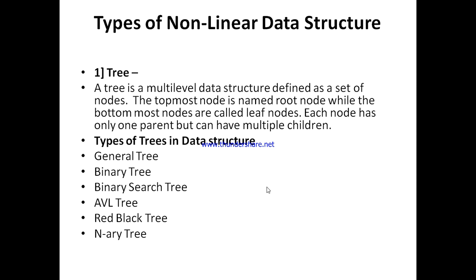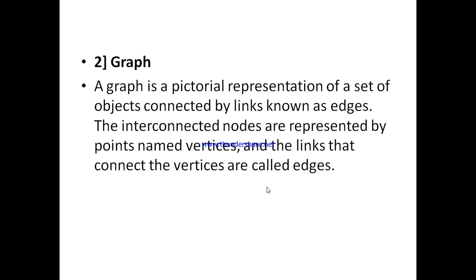Now we can see the non-linear data structure, that is a tree. A tree is a multi-level data structure defined as a set of nodes, and the topmost node is named the root node, while the bottom nodes are called leaf nodes, and each node has only one parent and multiple children.